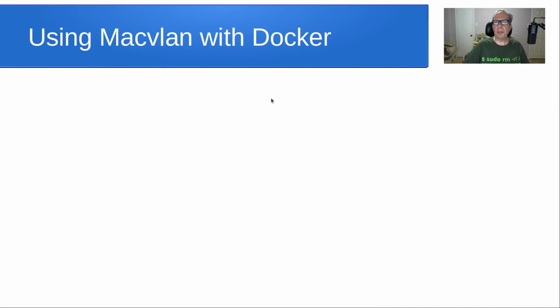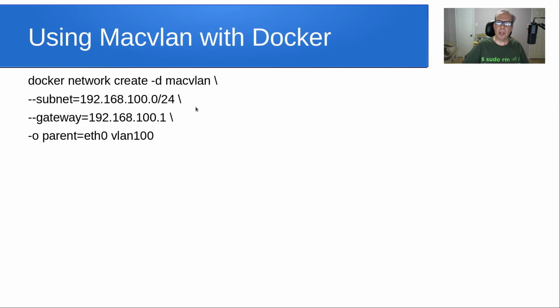So now using MacVLAN with Docker. We do a docker network create -d, so detach this operation, and make it macvlan. That's what we're creating. And we're saying the subnet is going to be 192.168.100.0 with a 24-bit subnet mask.